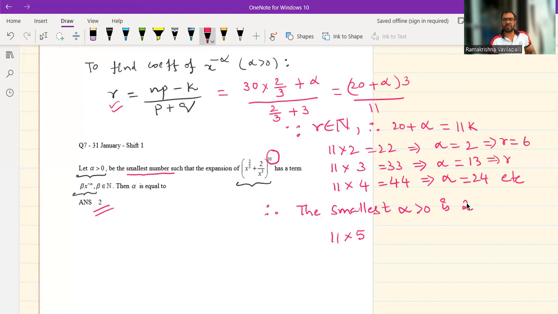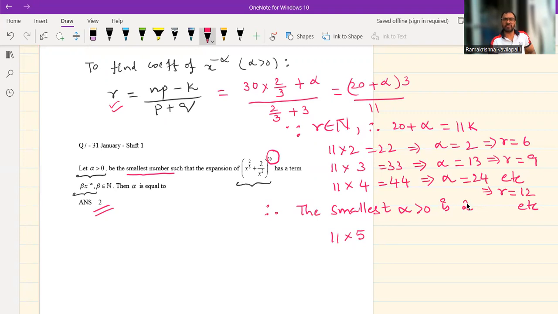Here, what is R value, right? It is 3. 3 into 3, 9. And here, what is R value? When you are substituting alpha 24, 44 by 11, 4, 4 into 3, 12, like this, you need to count the value of R. This value always lies between 0 to 30.